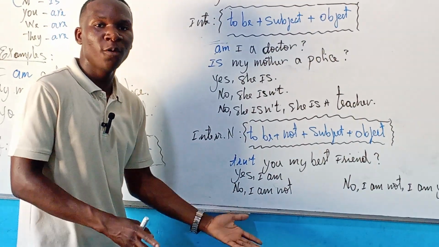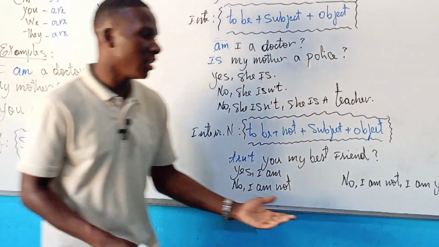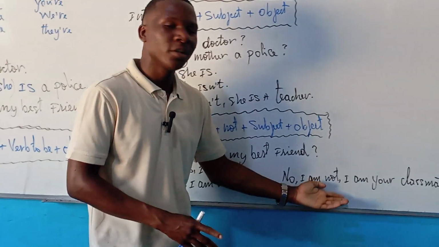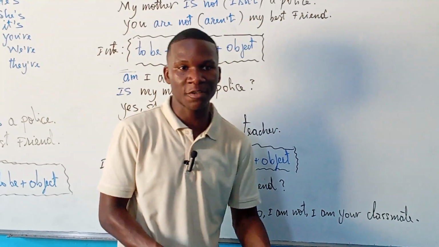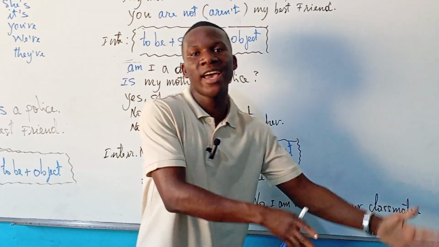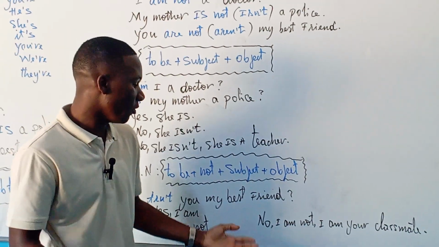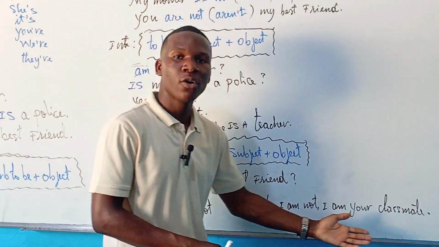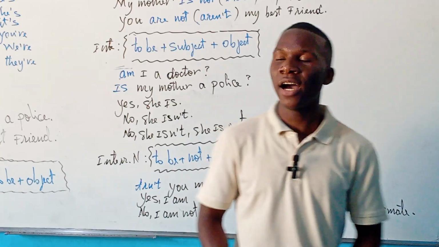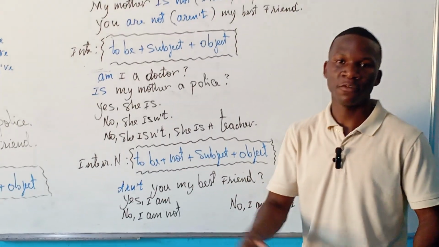I am not your best friend. Or you can say, no, I am not, I am your classmate. It means that you are not his best friend, but you are something else that makes you friends. No, I am not your best friend, I am your classmate. So guys, I hope you understand verb to be.